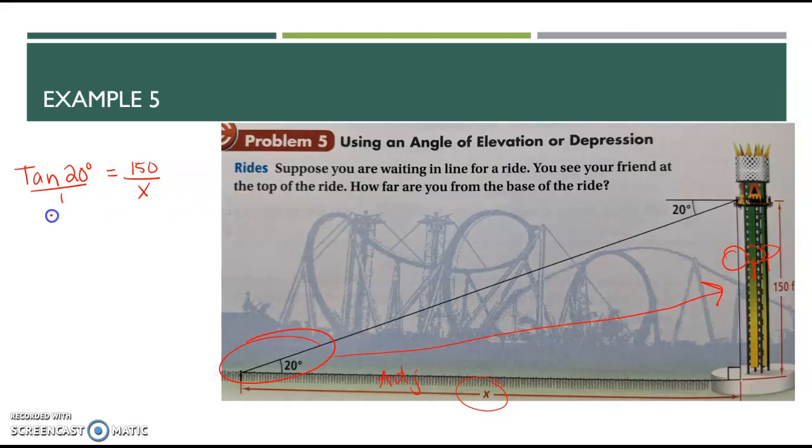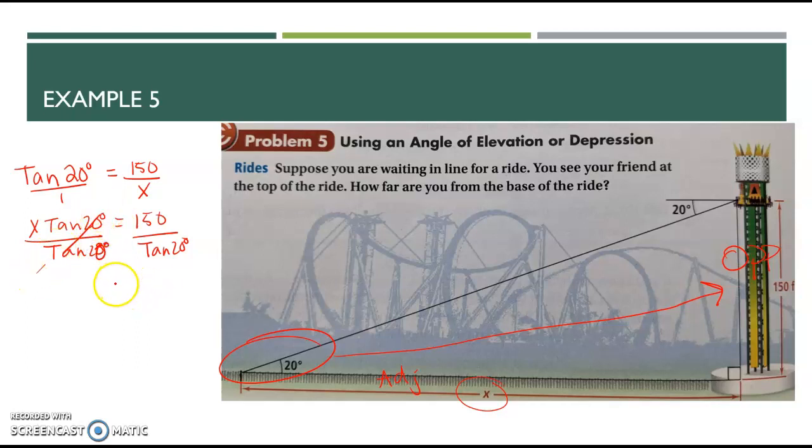So when x is on the bottom, I'm going to cross multiply. I get x tangent 20 degrees equals 150. Then I've got to solve for x, so I'm going to divide by tangent 20 degrees on both sides.